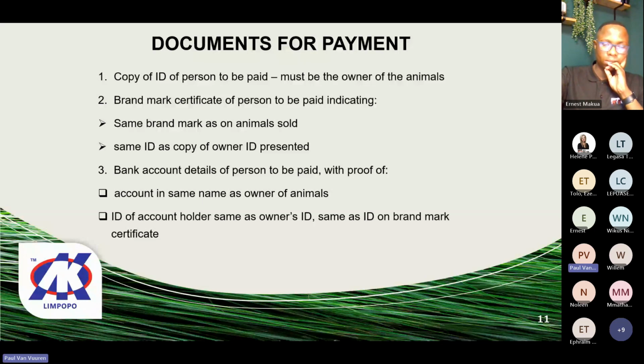There has to be a copy of the ID number of the owner in the truck and the required transportation documents. That's Section 6 and Section 8 and the health attestation. That must be in the truck that is transporting the animals.